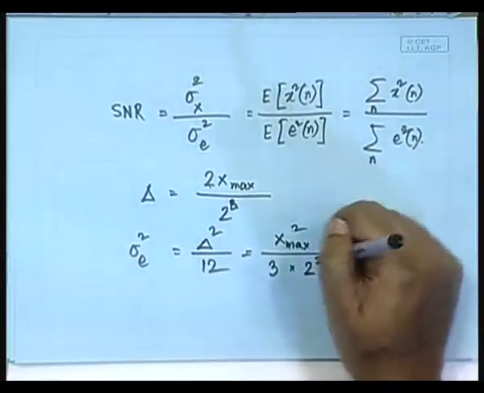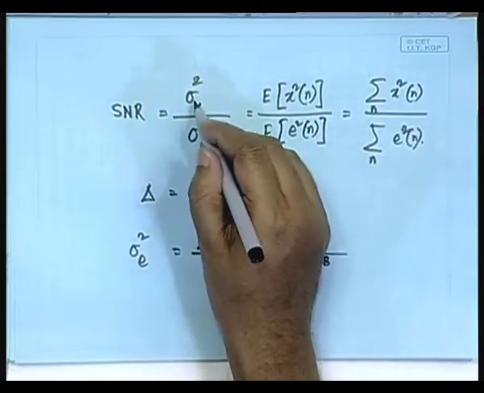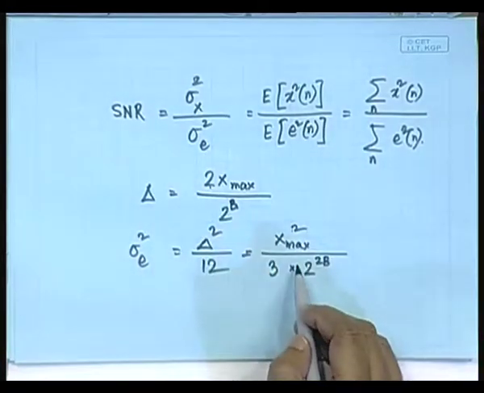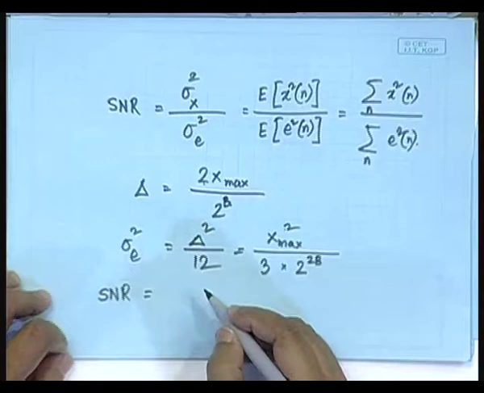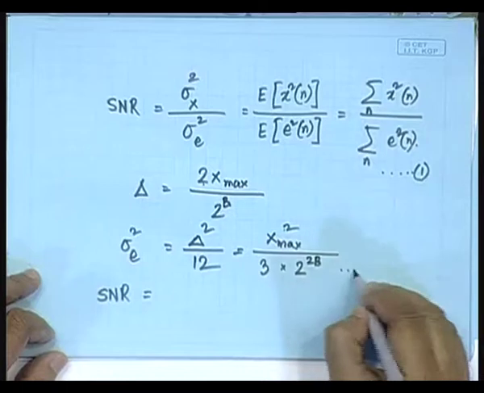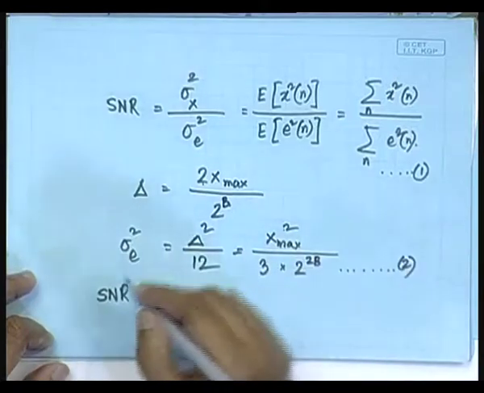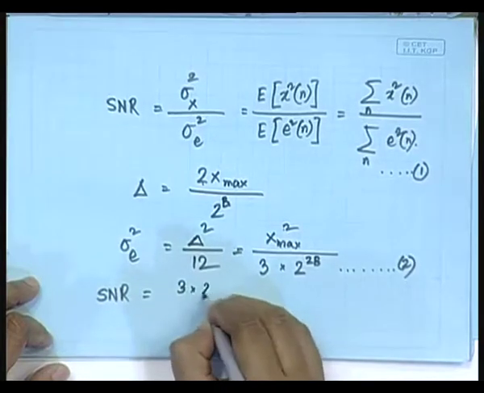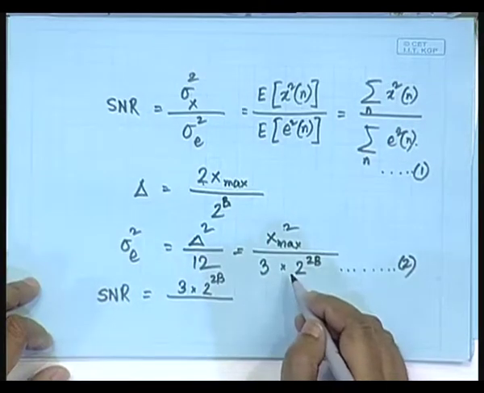So, if we substitute this value of sigma square e into this expression sigma square x by sigma square e, and in place of sigma square e we write this, then we can write the corresponding signal to noise ratio as, if we take this to be equation number 1 and this to be equation number 2, in that case simply substituting equation number 2 in equation number 1, we get the SNR as 3 into 2 to the power 2b, because this expression is coming in the denominator of sigma square e.